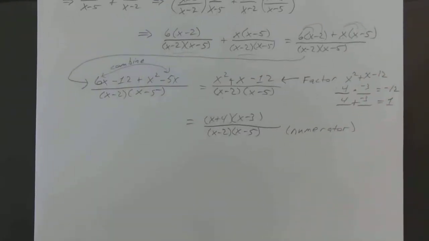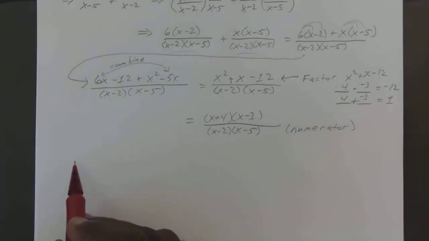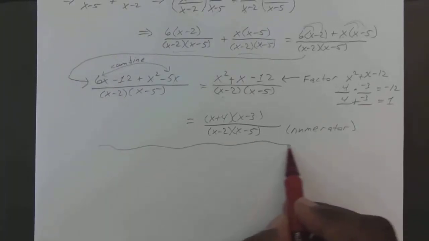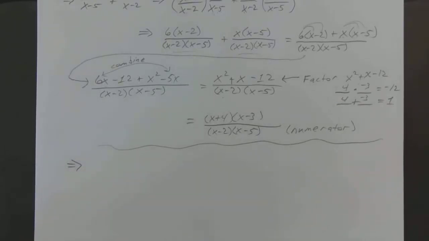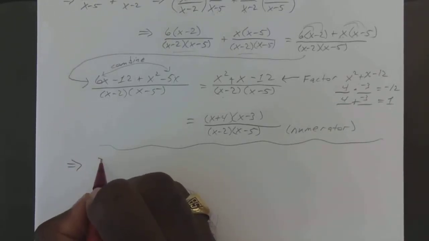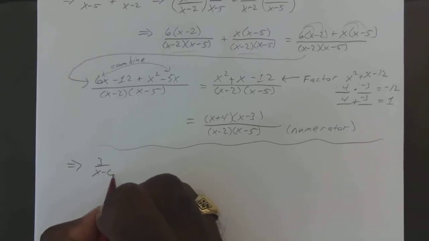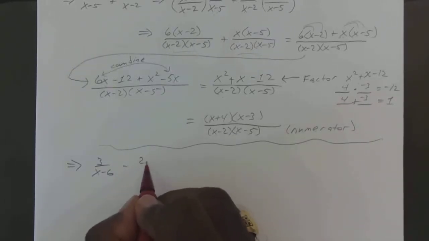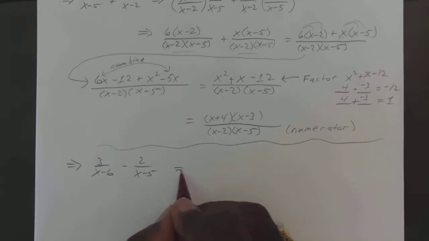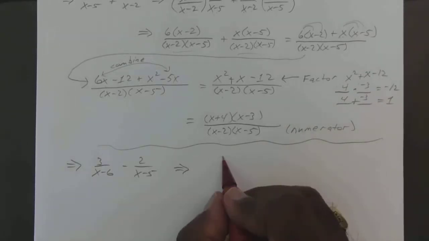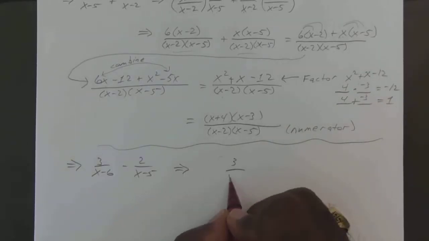Try to scroll up enough to where you can still see. Okay, so for our denominator, you're going to have 3 over x minus 6 minus 2 over x minus 5. If we're going to rewrite that one, give it a little bit of space.